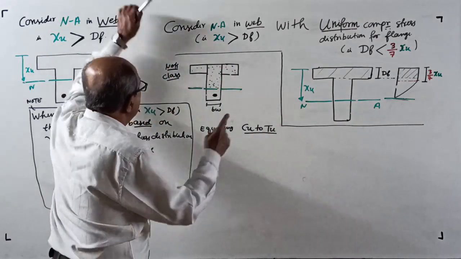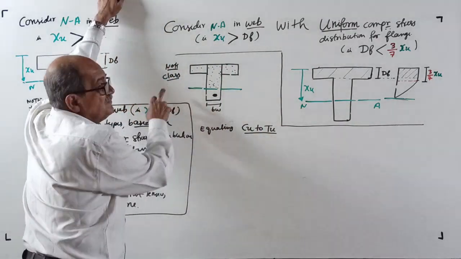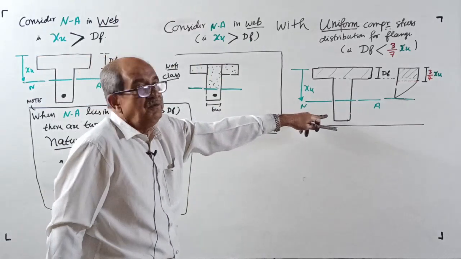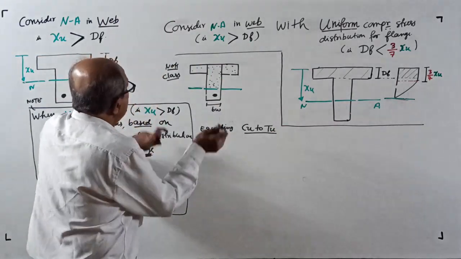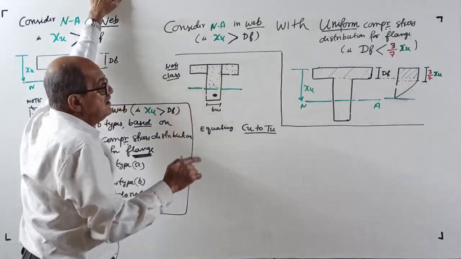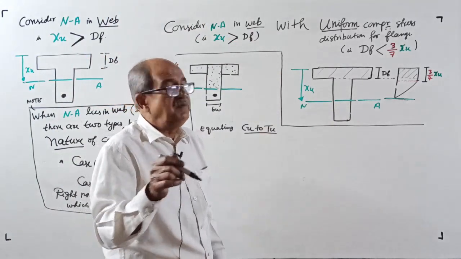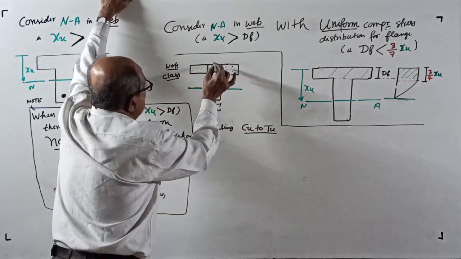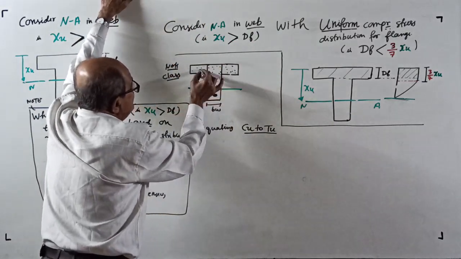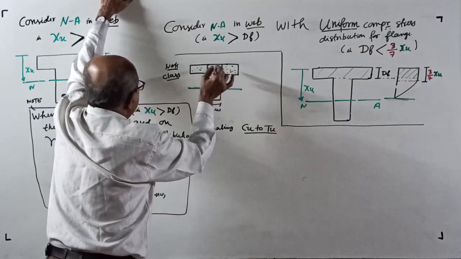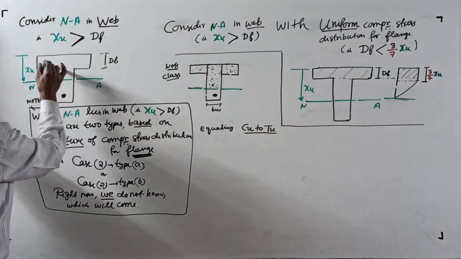Now see. Now one note in the class. This is important. One note. Derivation is done in such a way that, see, now your compression is this full compression. Here, now this full is compression.